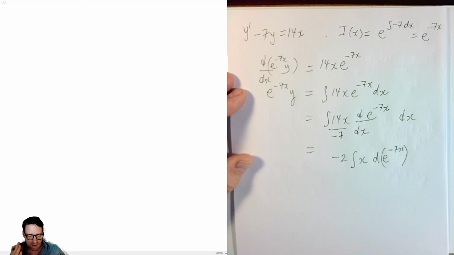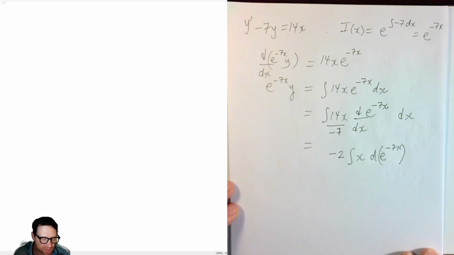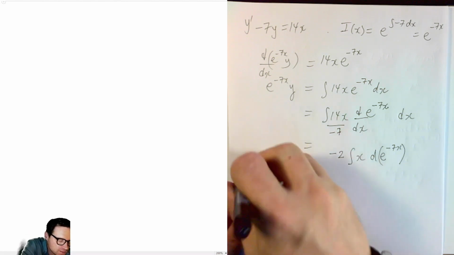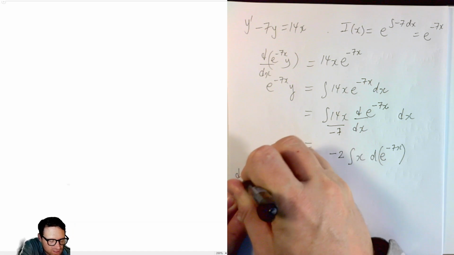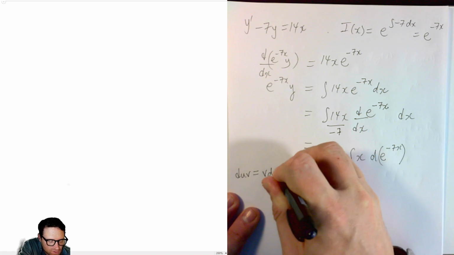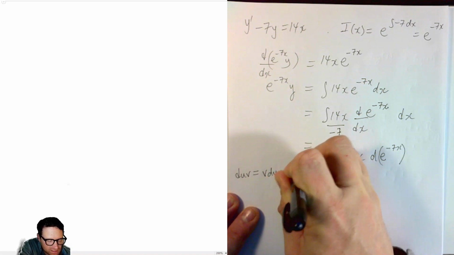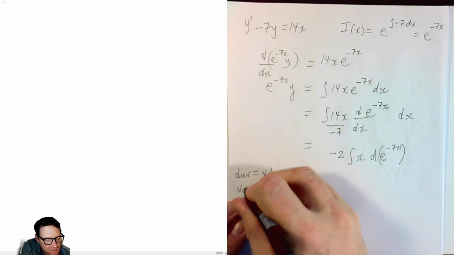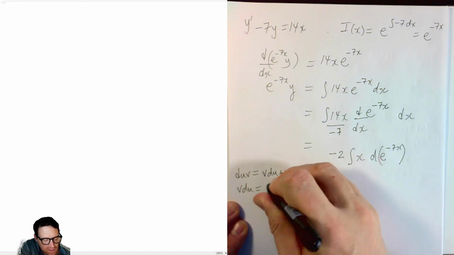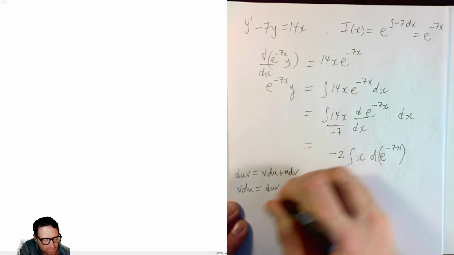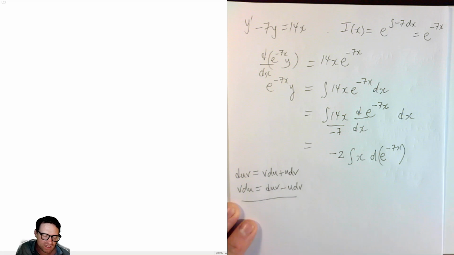Okay, and so now I need to recall the integration by parts rule, which I often remember using the product rule of differentiation, which goes like this: d(uv) is v du plus u dv. Now if I took one of these over to the other side, I would have v du is d(uv) minus u dv. Okay, so that's what I use here.